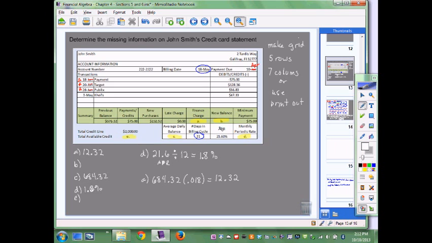Now that we have our finance charge, we can find the new balance. And so the new balance is going to be the previous balance minus the payment plus the new purchases plus a late charge, but there was no late charge, so that's 0, plus the finance charge.